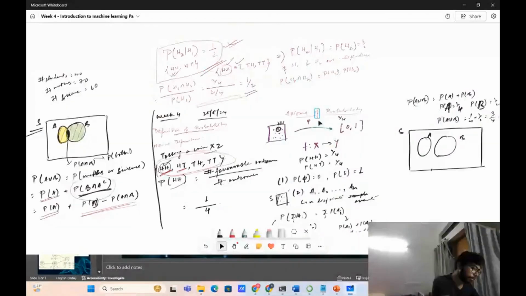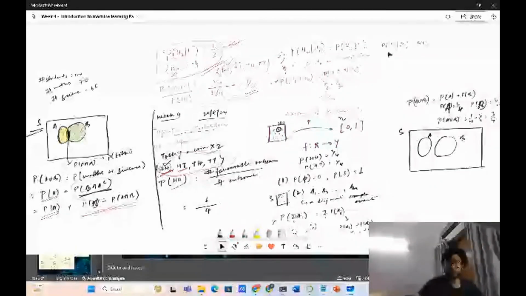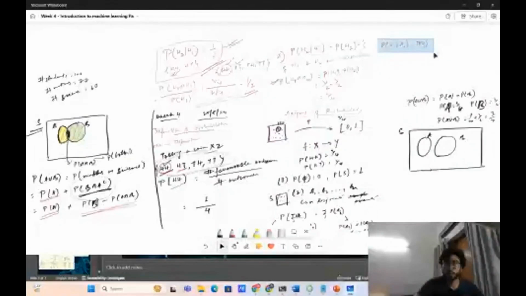So basically, P of H1 given H2 should also be equal to P of H1. So this condition has to be satisfied for H1 and H2 to be independent, right?